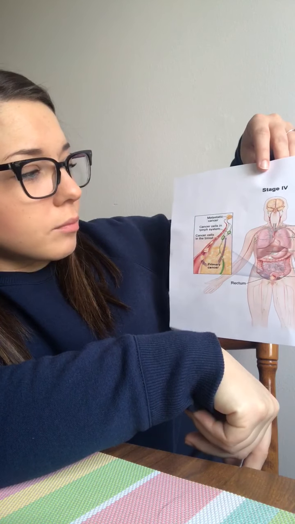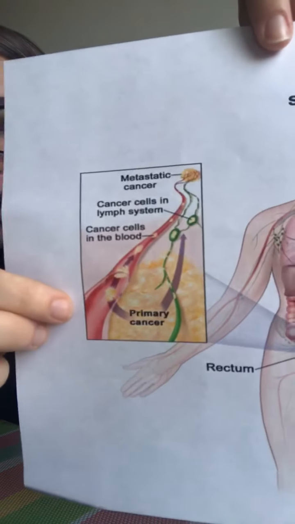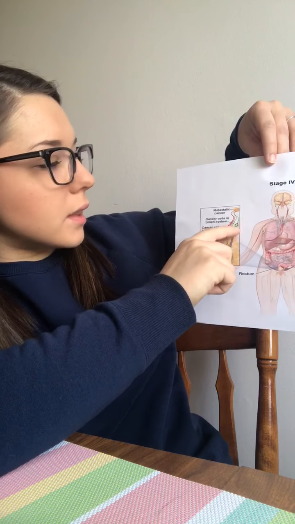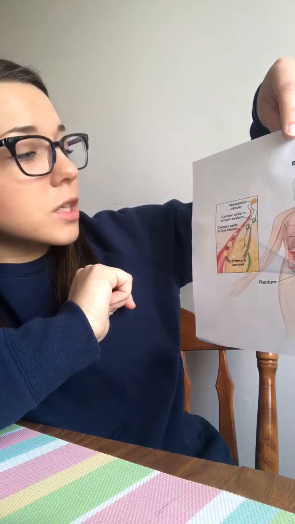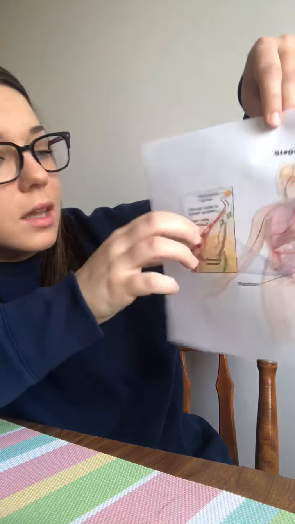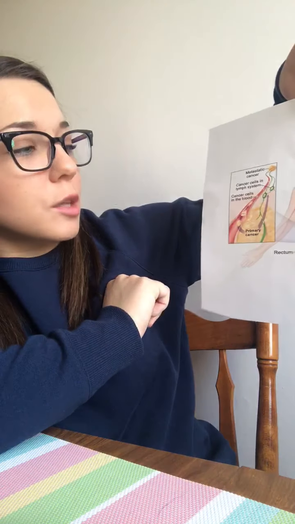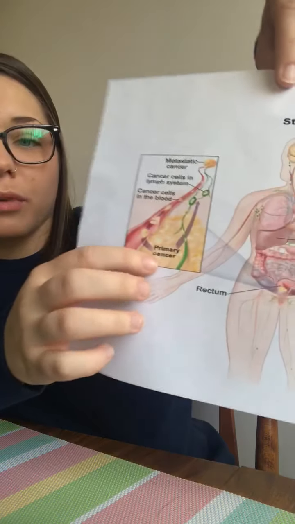This little picture right here is the metastatic cancer, and these little lymph nodes over here are the cancer cells in the lymph system, and these little things that look like fat right there are cancer cells in the blood, and all right through here is the primary cancer. I found that a little bit interesting.